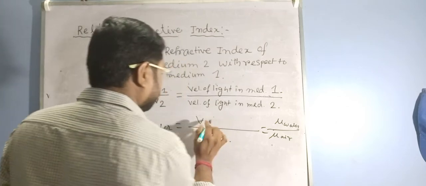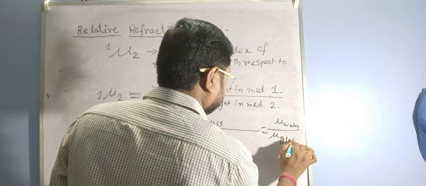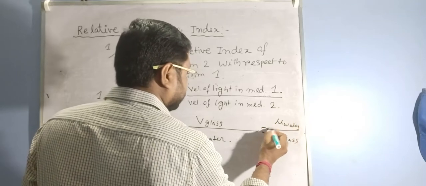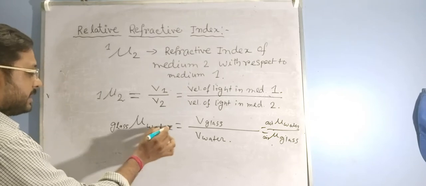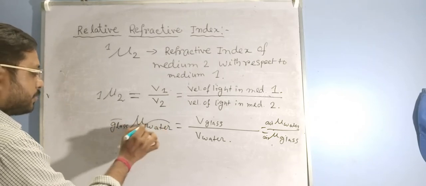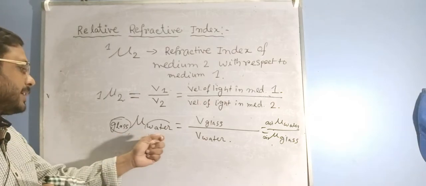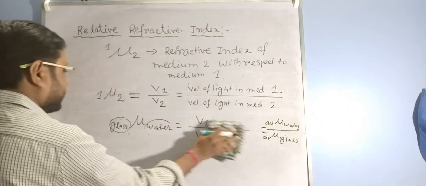This mu is absolute refractive index because this is with respect to air, but this is refractive index of glass with respect to water. Refractive index of water with respect to glass.